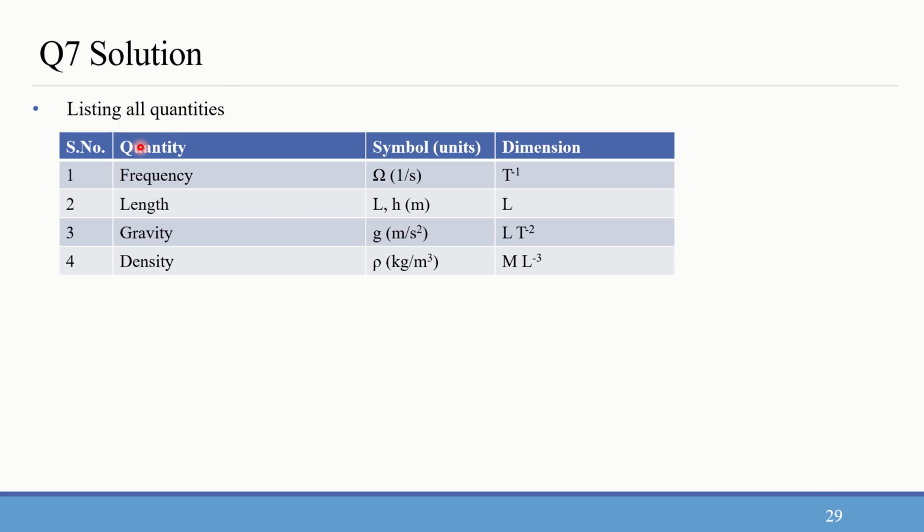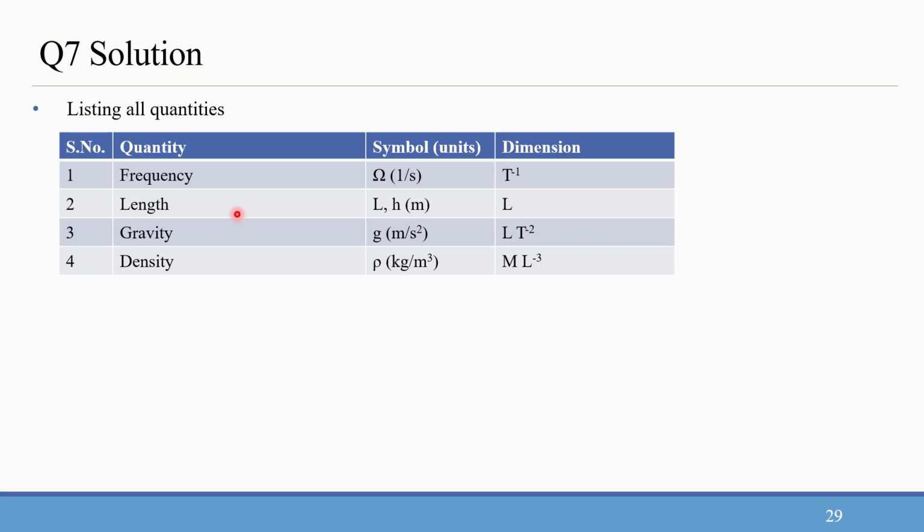First we'll list all quantities and write their units. The first one is frequency, represented as sigma. Its unit is per second, so it is 1 by second, and we write it as T to the power minus 1.